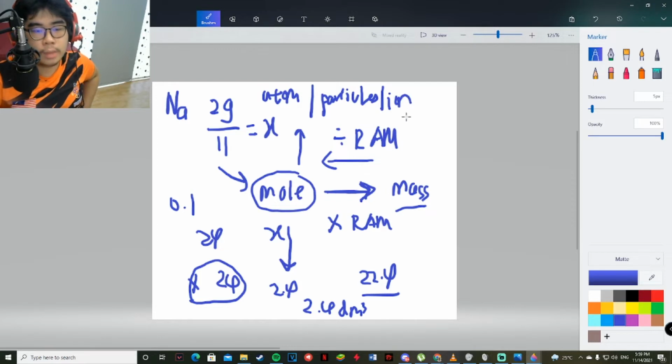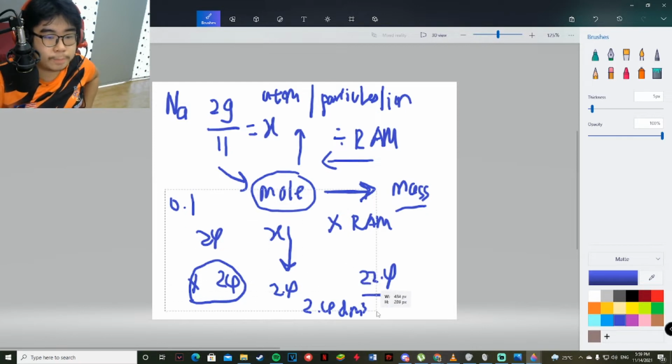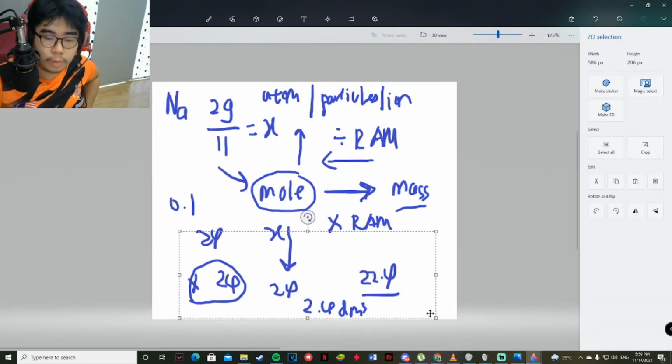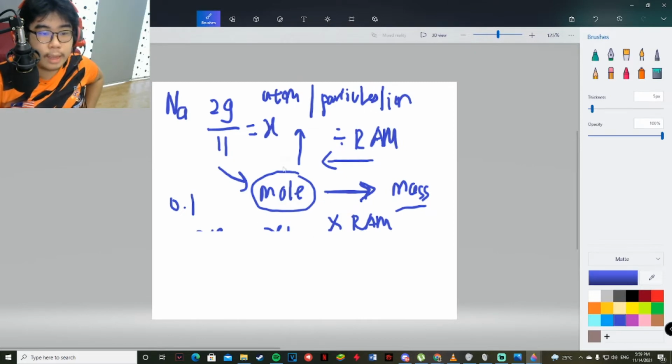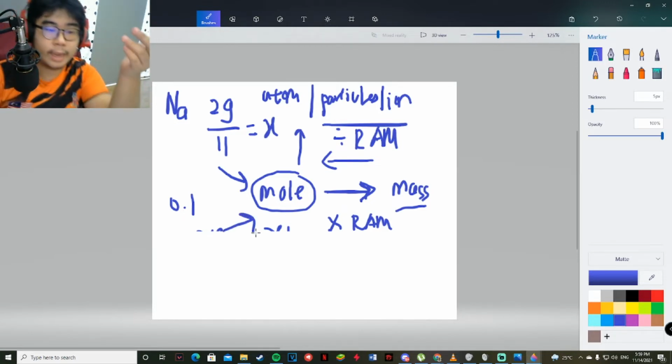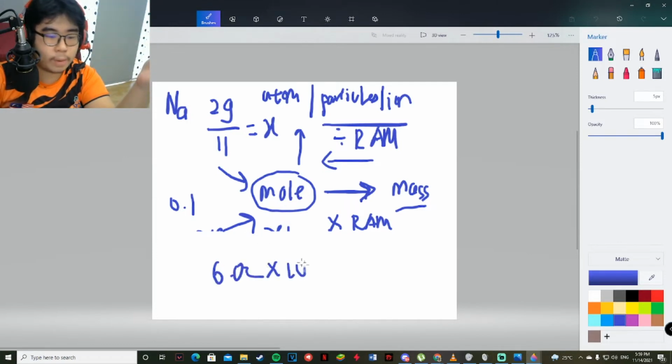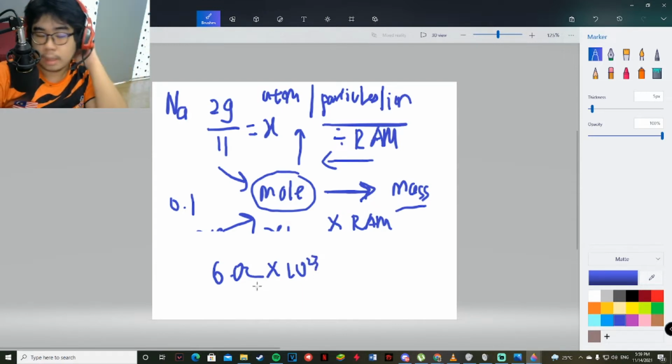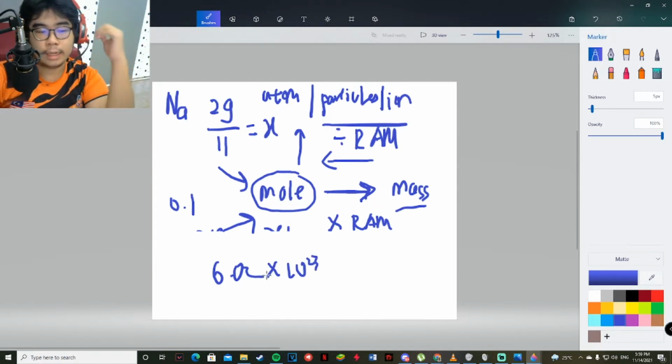Usually you need to get the number of mole of the chemical substance, and then you multiply by the Avogadro number, which is 6.02 times 10 power 23. The Avogadro number is a standard number for you to calculate the number of particles, or number of atoms, or number of ions.